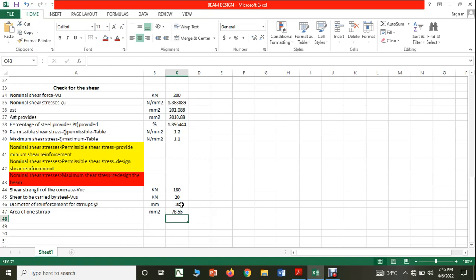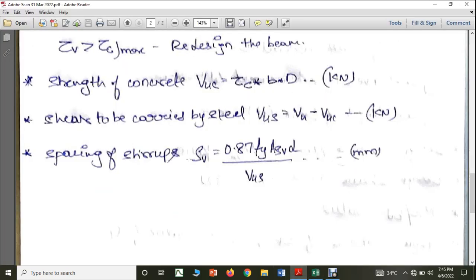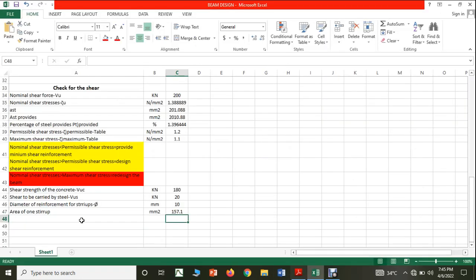That has to be multiplied by 2, because I already said it is a two-legged stirrup, right? So once you get that, you get the spacing of the stirrup SV.